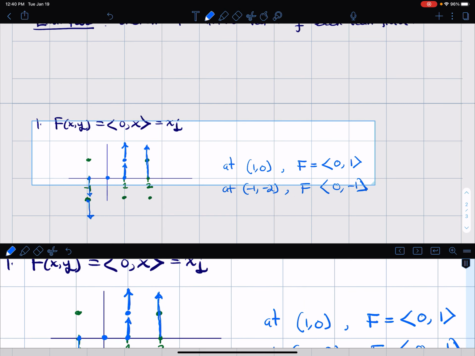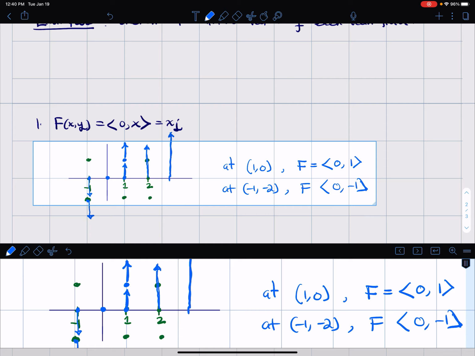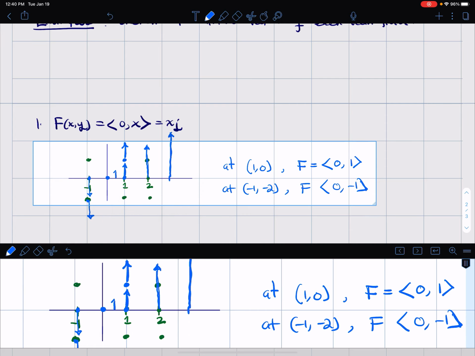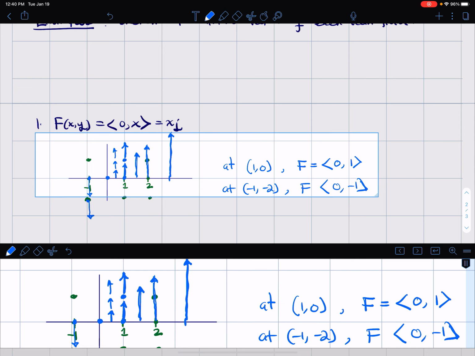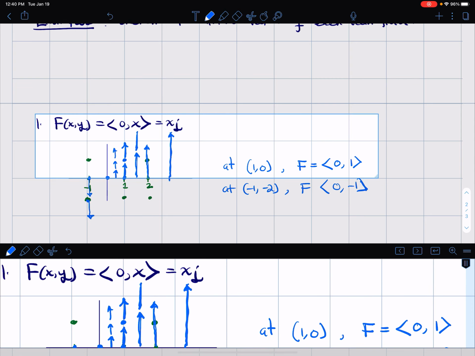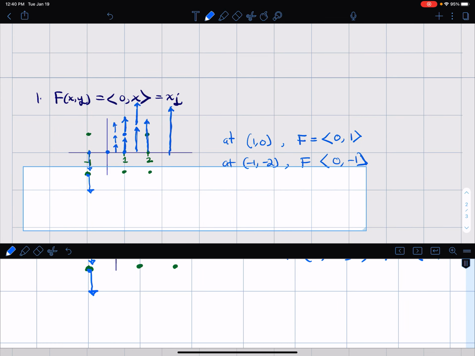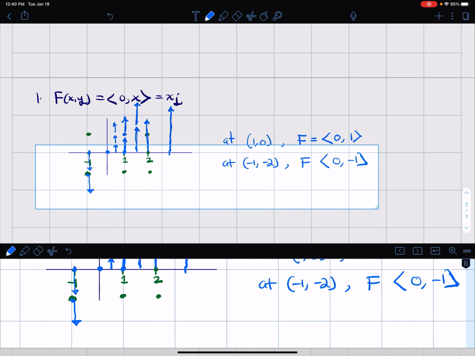If we're at 3, we have vectors that are 3 units long, and so forth. So if we're at 1/2, then we have vectors that are 1/2 unit long, like that. All the vectors are going to be like that. That's our vector field in this case.